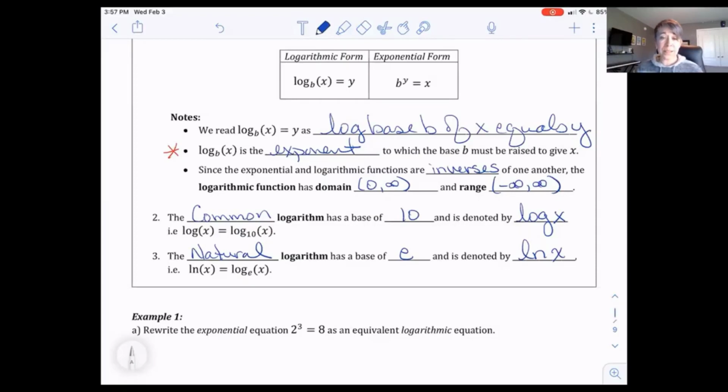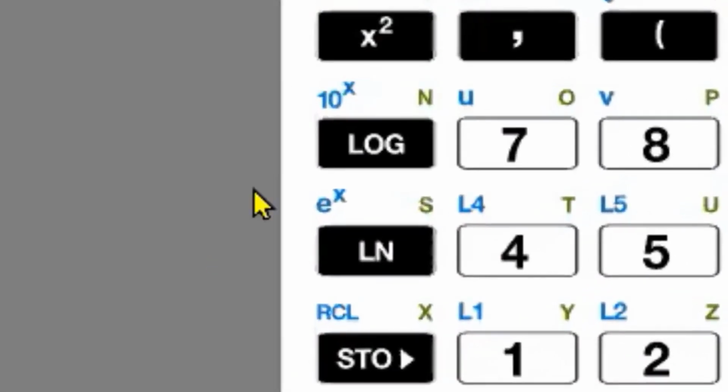Now, I want to show you guys something on your calculators. If you look on the left-hand side of your calculators, you see the log and you see the ln, but look at the second function that's noted above each of those buttons. On top of the common log button is 10 to the x.